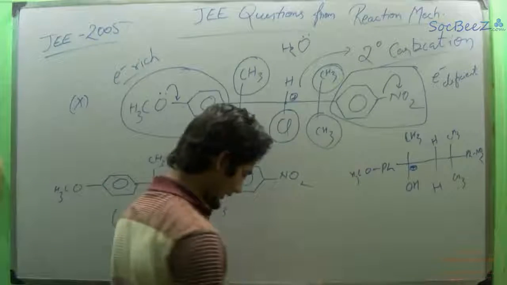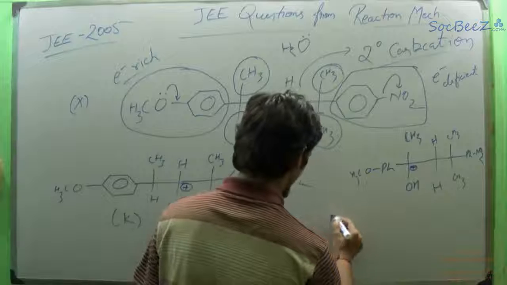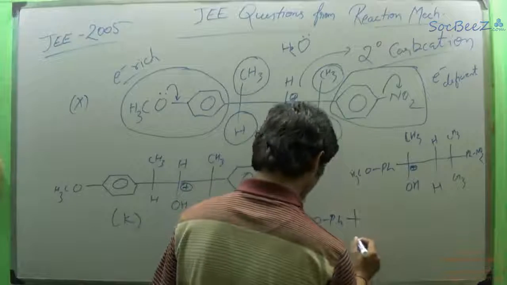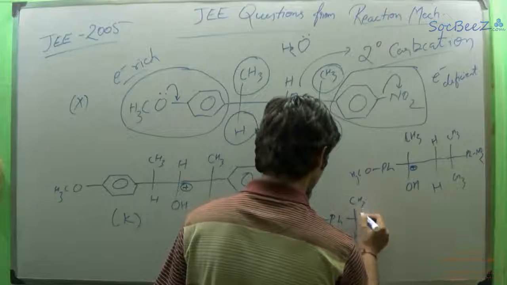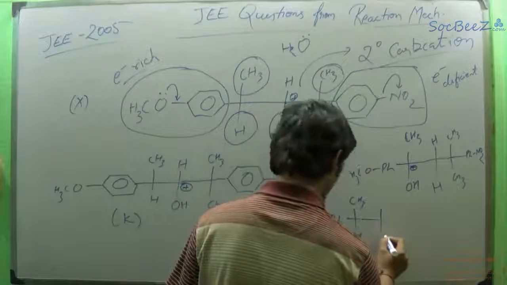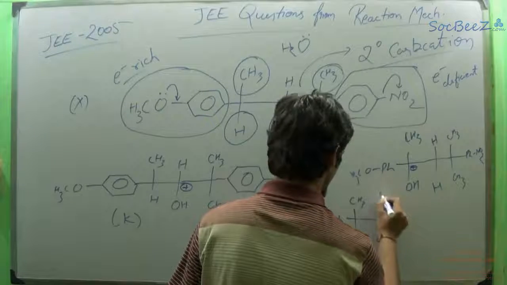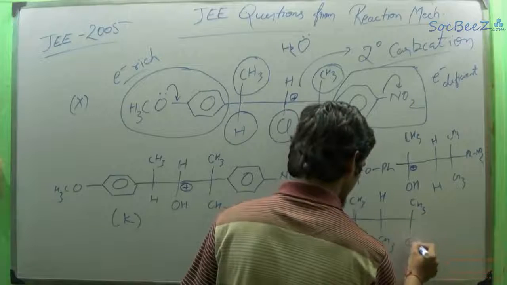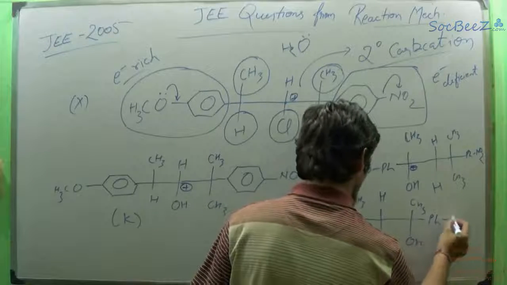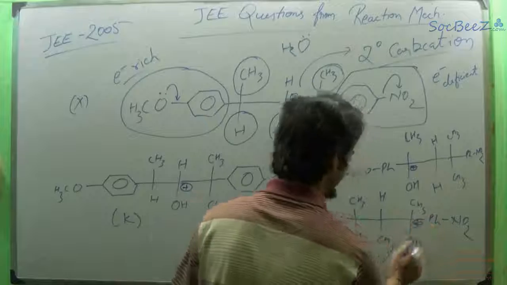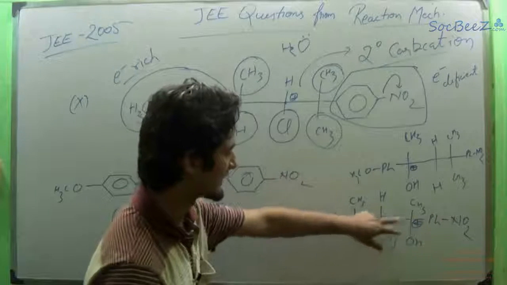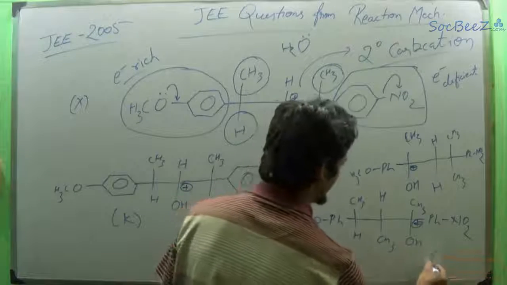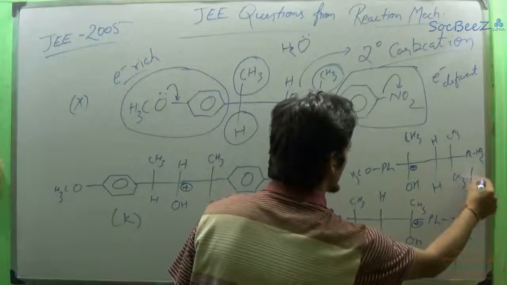And if the third one is the product, that is phenyl OCH3, HCH3, again CH3 H, again CH3OH, phenyl NO2, in this part the positive charge is here, hence there should be a methyl shift. This is, let's say, product M, the above one was L.